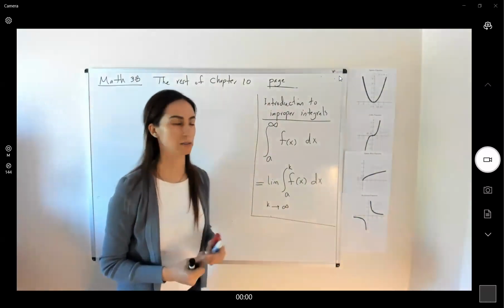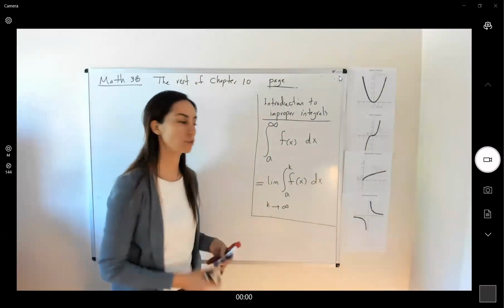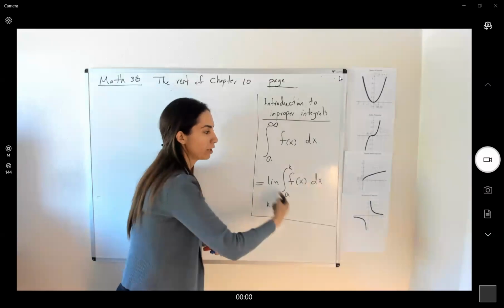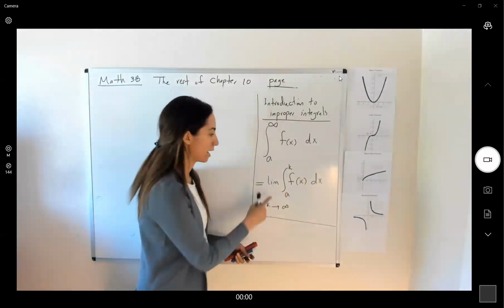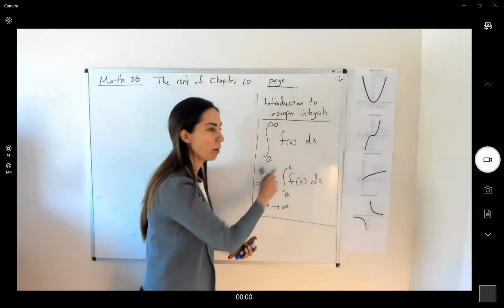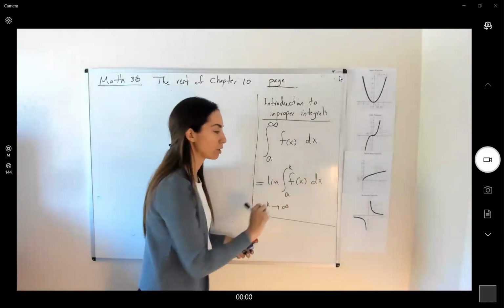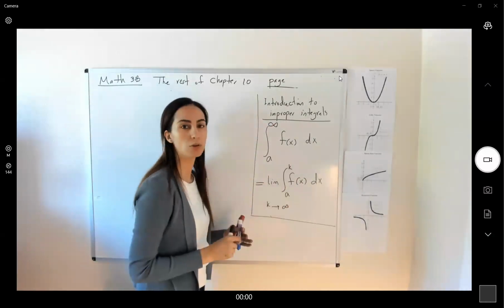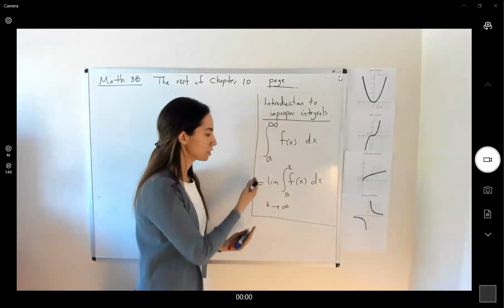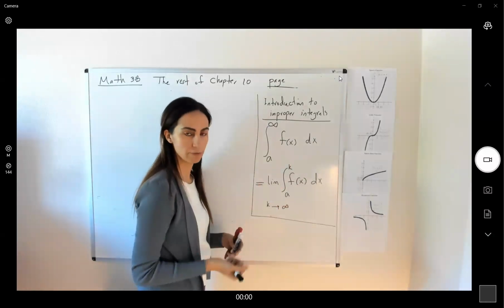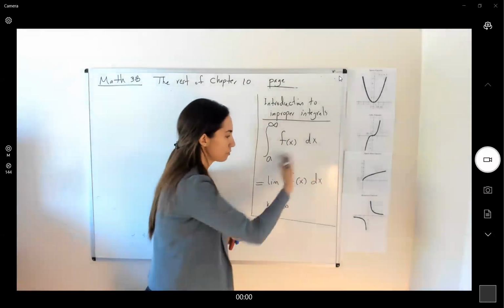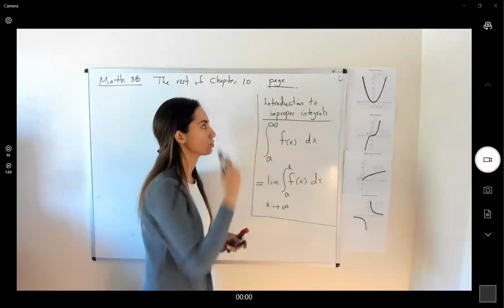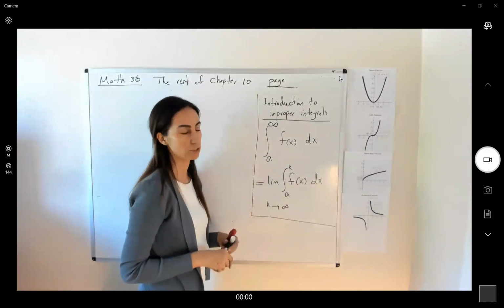Exactly the same as your regular integral, but instead of stopping at k, after finding your integral, you have to take the limit while your upper bound, or your lower bound, sometimes it's the upper bound that goes to infinity, sometimes the lower bound. Take the limit of it and evaluate your outcome while k goes to infinity. So this is an introduction to improper integrals.